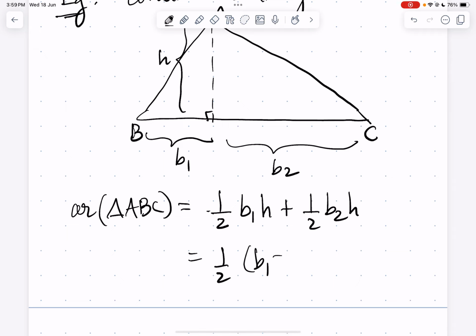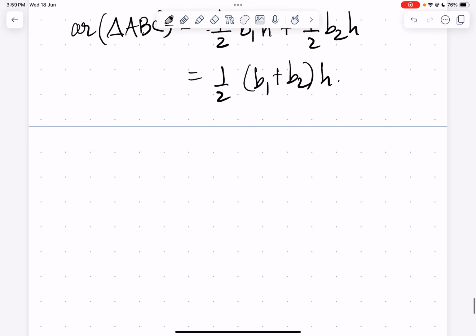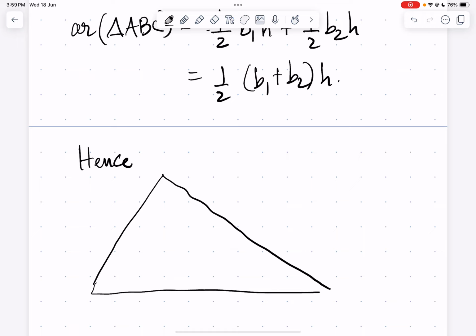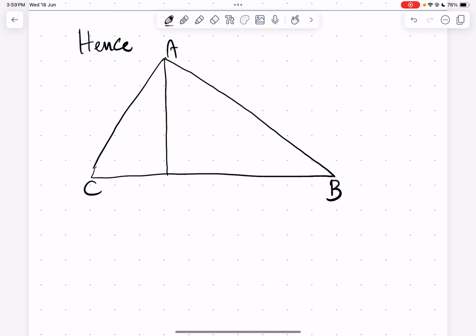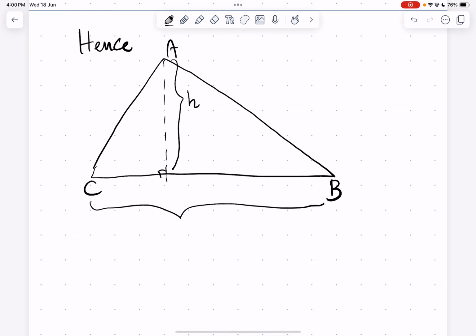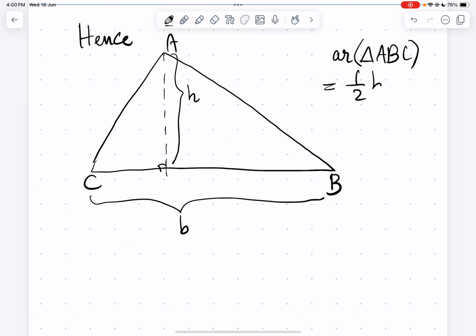This is half (B1 plus B2)H. Hence, in this configuration, the full base is called B. Then the area of triangle ABC is half (B1 plus B2)H, which is just half BH.